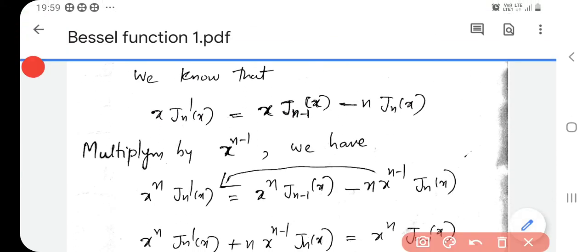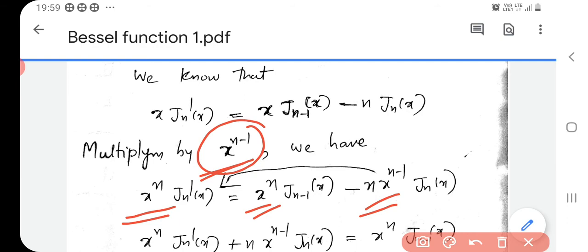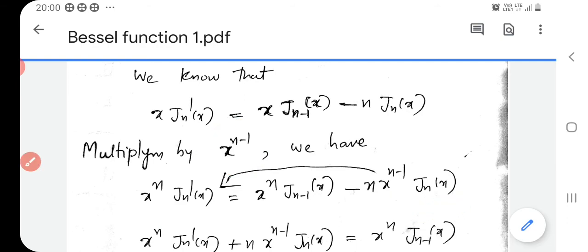and then what we do, we multiply both sides by x to the power n minus 1. So you have x raised to n here, and here as you multiply you will get x raised to n, and here you will get minus n x to the power n minus 1 Jn of x.